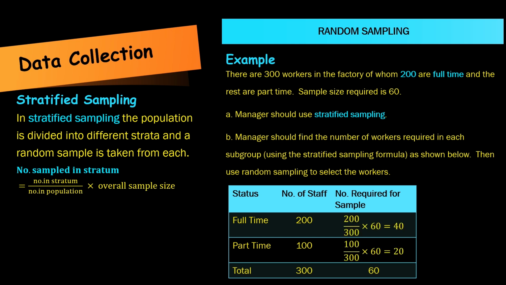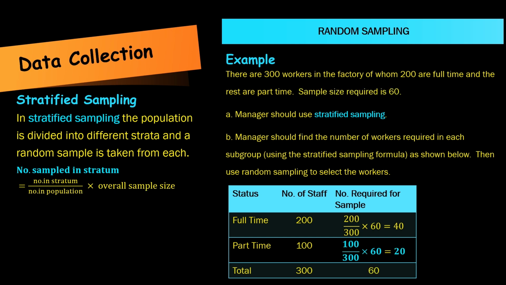And now for the part-time staff. How do we find the sample size for part-timers? We have 100, which is the number of part-time staff, divided by 300, which is the total in our population, multiplied by 60, which is the overall sample size.